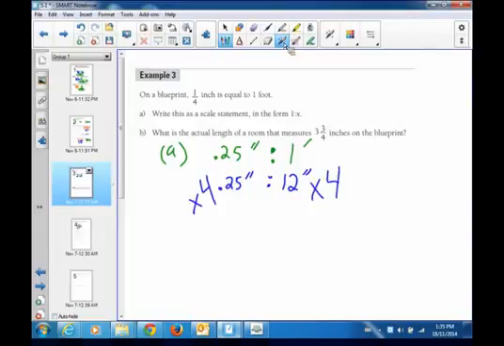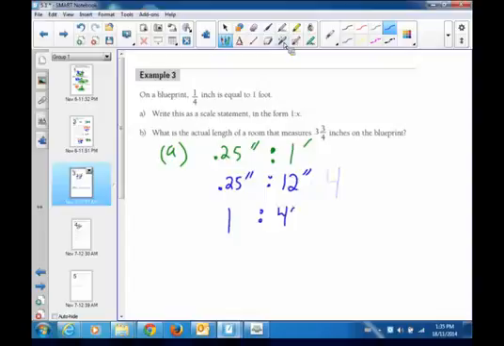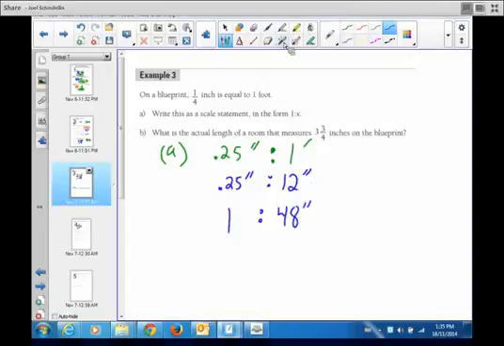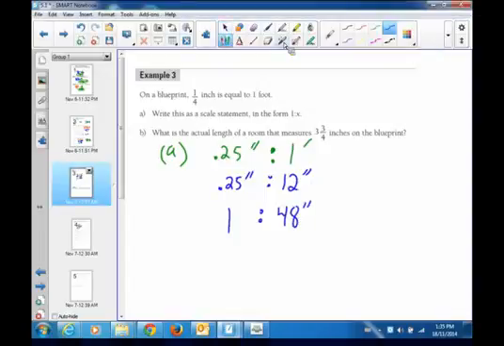If a quarter equals 12 inches, then 1 would equal 4 times 12, which is 48 inches. I guess I don't need the inches on there, but I'll put it on. It's a 1 to 48 ratio.